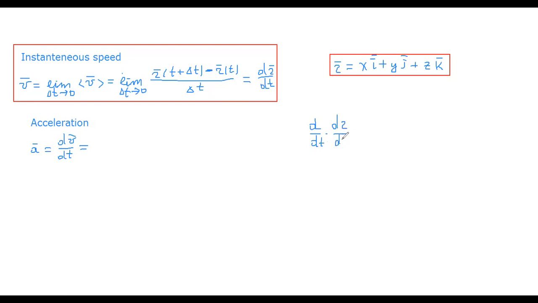I mean this: d by dt of dr by dt. What will be the result? Can anybody remember this from mathematics?